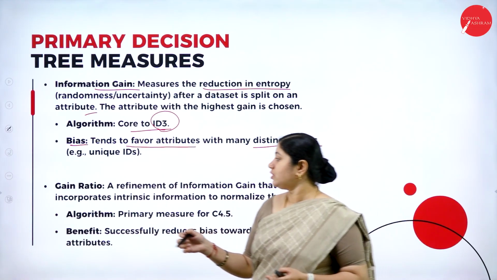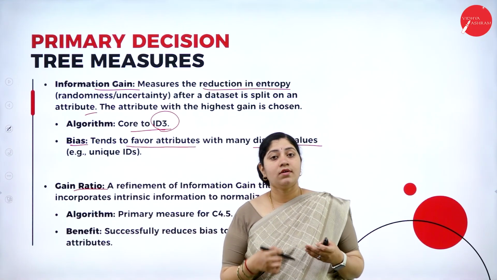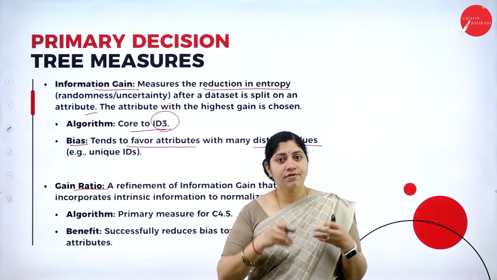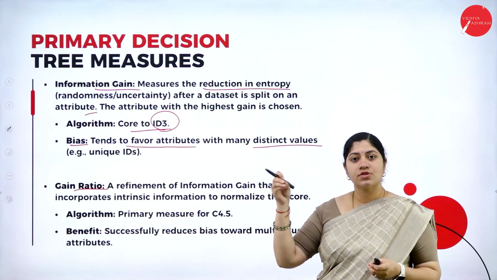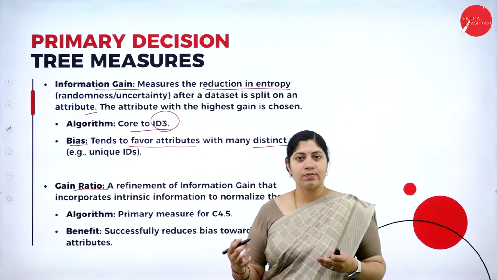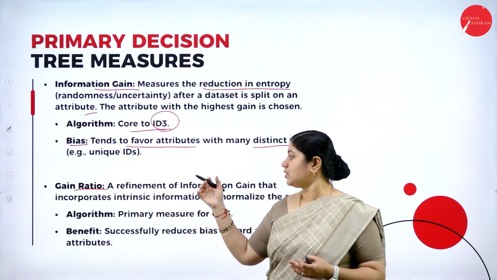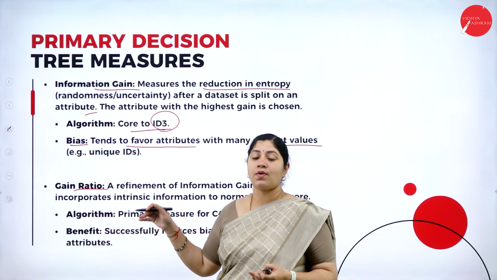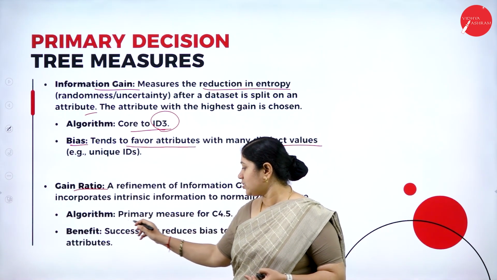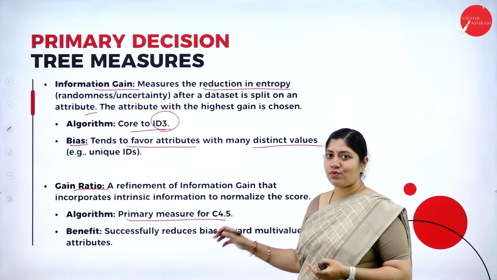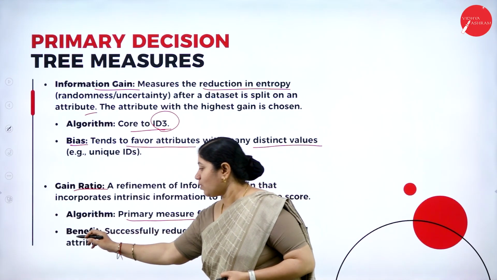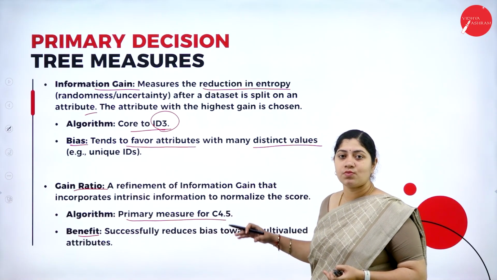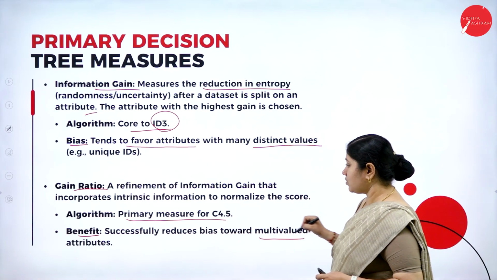The next measure is none other than gain ratio, a refinement of the information gain that incorporates the intrinsic information to normalize the score values. If any score values are present, yes, they can be normalized by using gain ratio. The algorithm that utilizes gain ratio is C4.5. The benefit is that it can successfully reduce the bias towards multi-valued attributes.